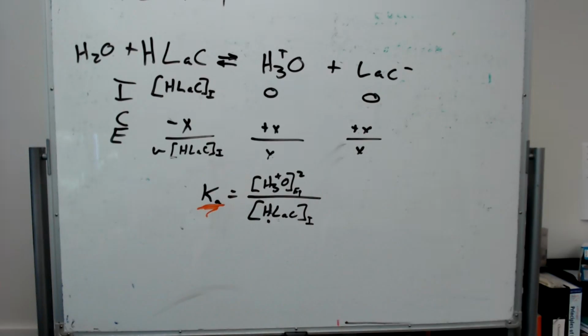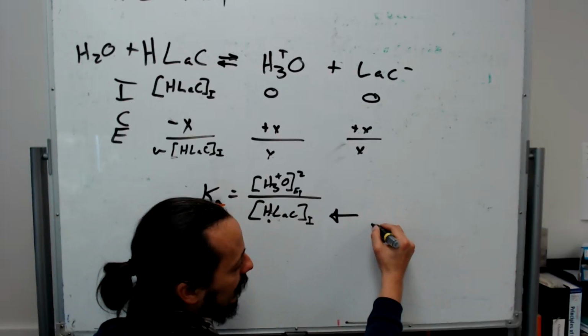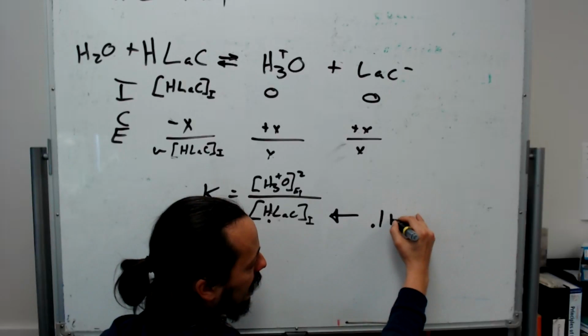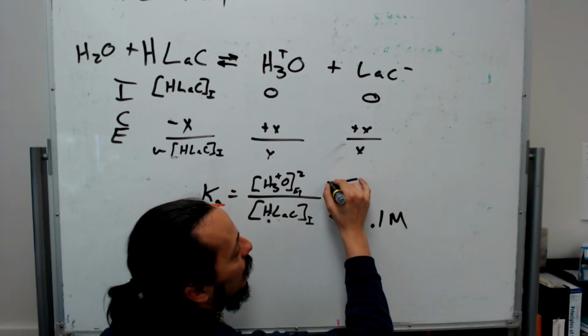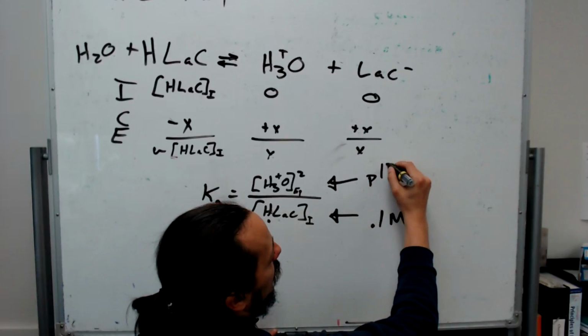I think we're just straight given the lactic acid concentration, right? Yeah. And we're almost directly given the pH. I mean, the H3O plus concentration. Are we given the pH? Yeah. What's the pH?